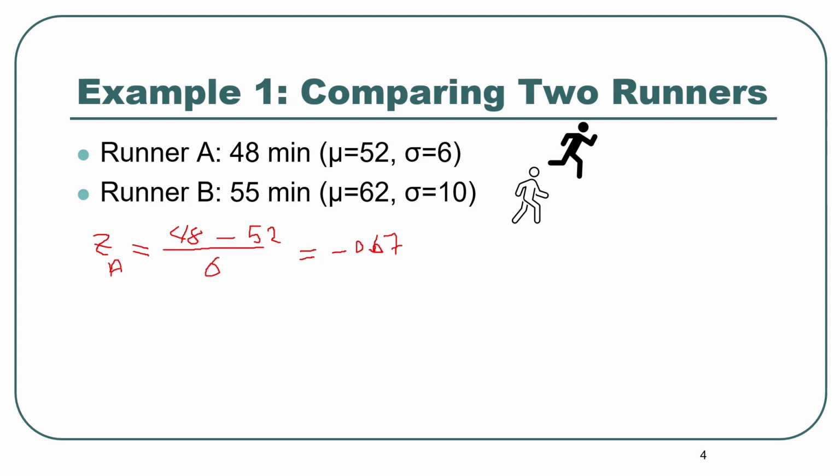While if we get the standardized value for runner B, it's again his value, he finishes in 55 minutes, minus the mu of his population, over his sigma, and this gives us minus 0.7.